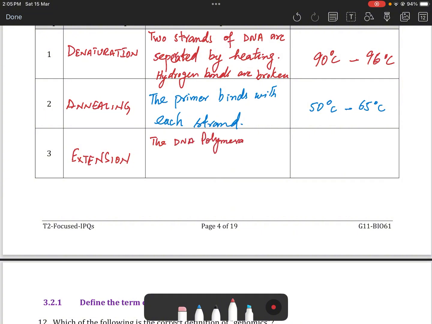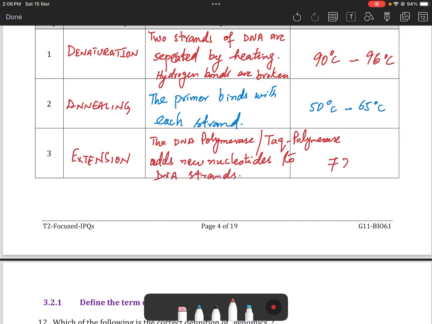But remember, there is a very specific polymerase, that is Taq polymerase, okay? That is only involved in step number 3. Taq polymerase adds new nucleotides to DNA strands, to complete the two copies, and this process takes place at 72 degrees Celsius. Better stick to the 72, okay, that will be good for you.